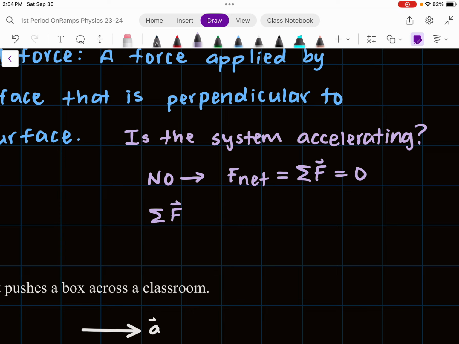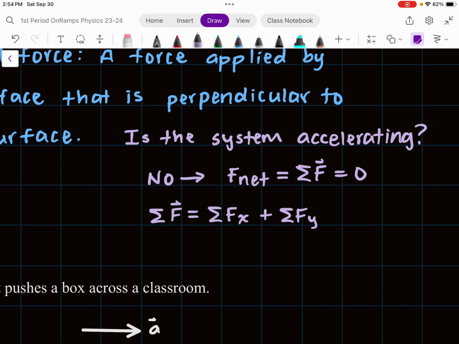Okay? So then what we need to do is show the forces acting on the book. And what we'll do is, the summation of the forces of this force vector is going to be the summation of the forces acting along the x plus the summation of forces acting along the y.